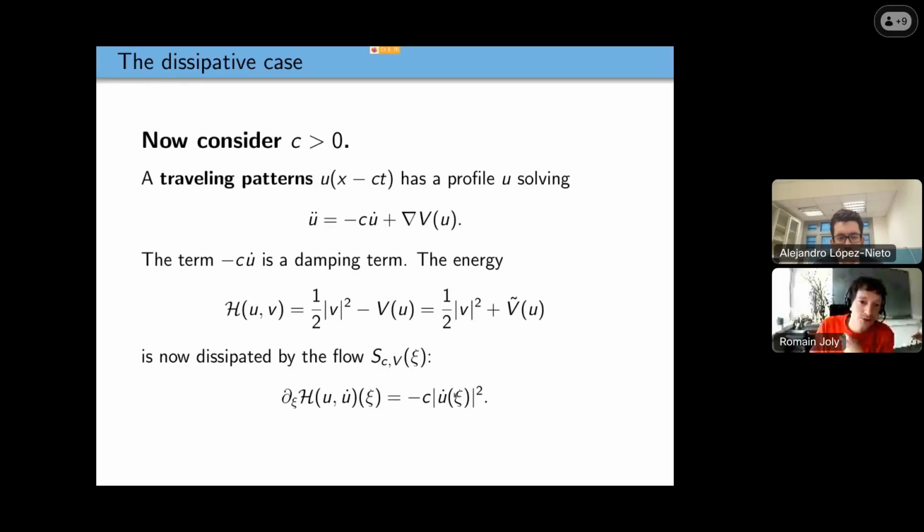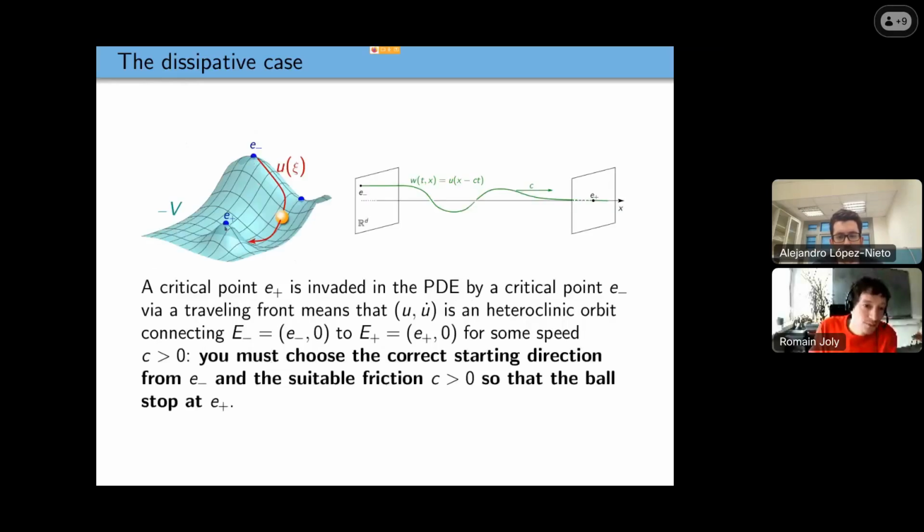Okay, so now the game is the following. You consider two equilibrium points, and if you want a profile of a traveling front connecting these two equilibrium points, you play the game with a rolling ball. You let the ball go down here.